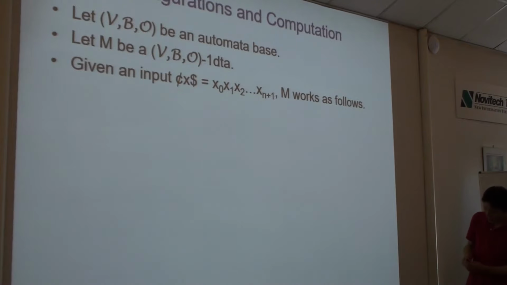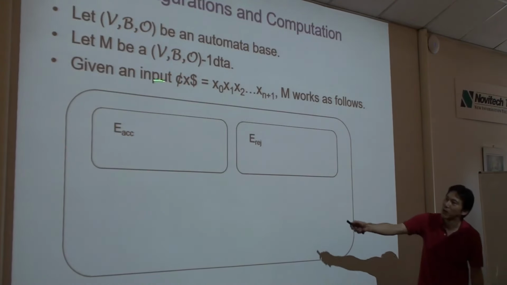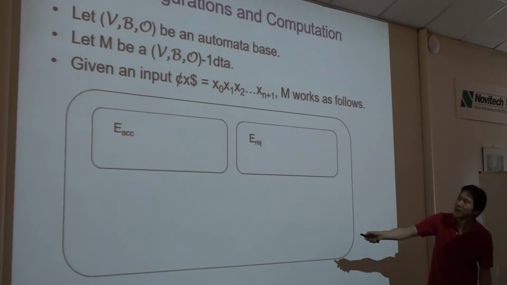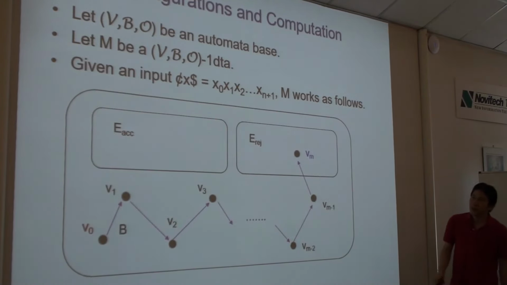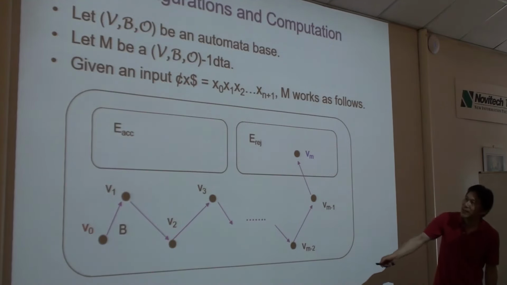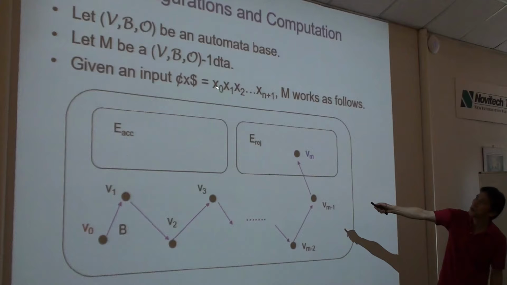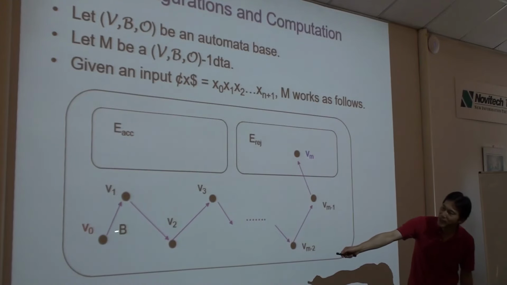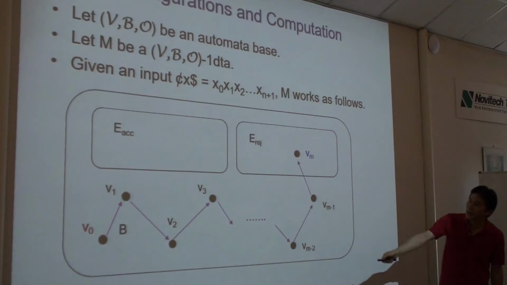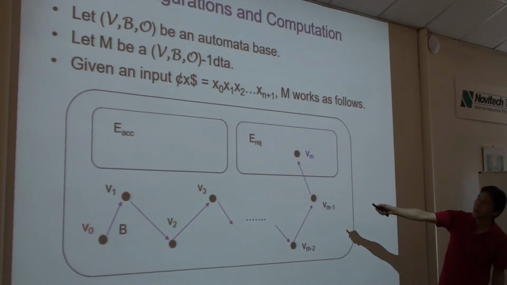Now this machine works in the following way. This is the entire space V, and we have the observable pair, the accepting space and the rejecting space. We start with V0, the initial configuration. We apply B based on x0, I should have put the subscript. Then we get the first configuration, and then we apply another B based on x1, and so on.